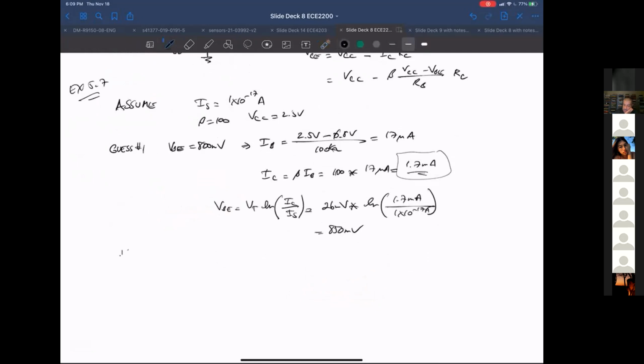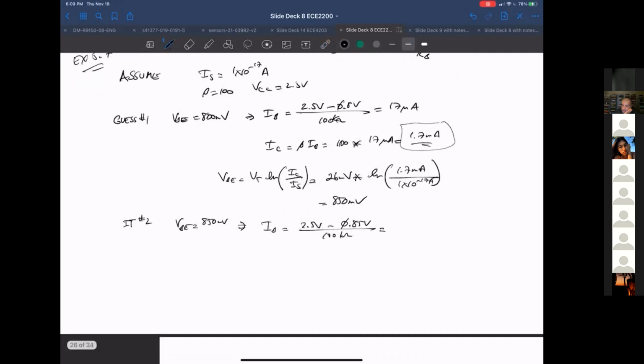So iteration number 2, we start with this VBE of 850 millivolts and calculate I sub B again. That's 2.5 volts minus 0.85 volts over 100 kilo ohms, and that gives us 16.5 microamps and gives us an I sub C of 1.65 milliamps.